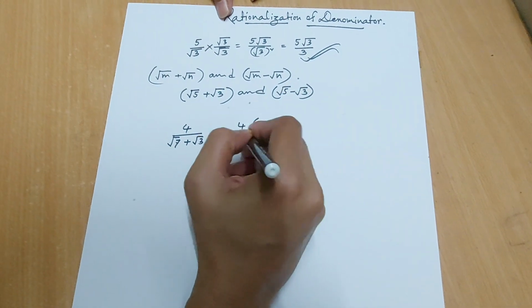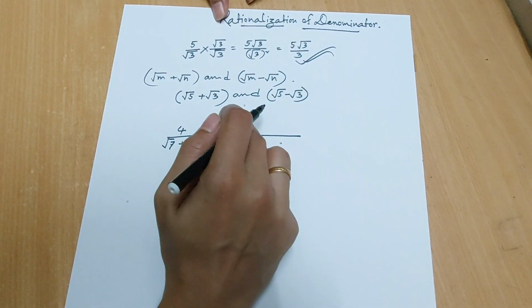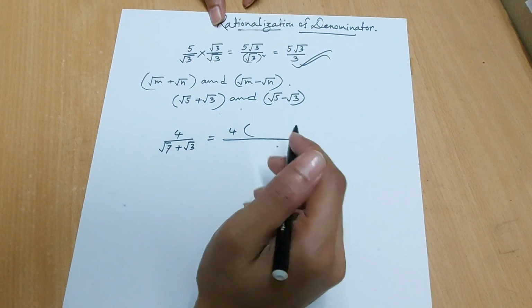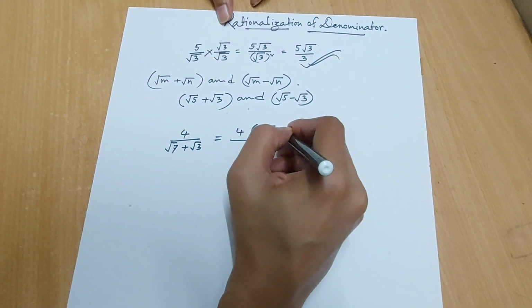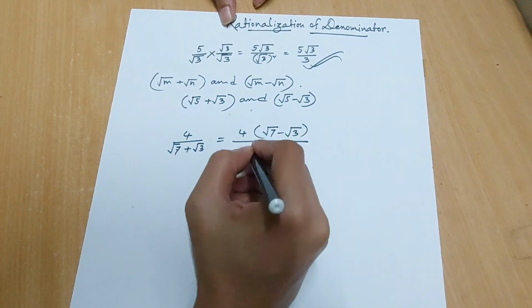Then we will multiply the numerator and the denominator with the conjugate surd, root 7 minus root 3.